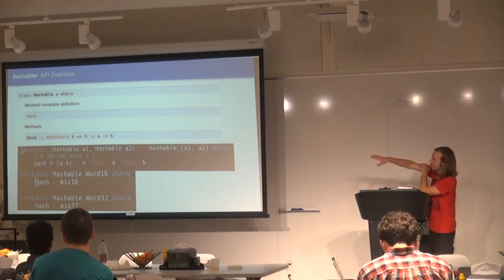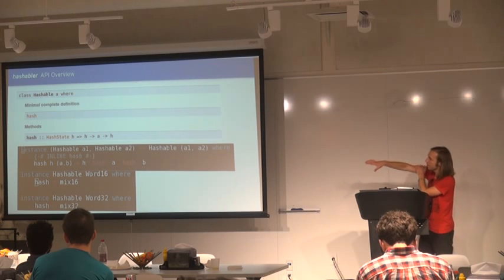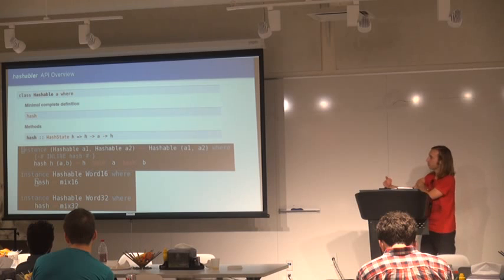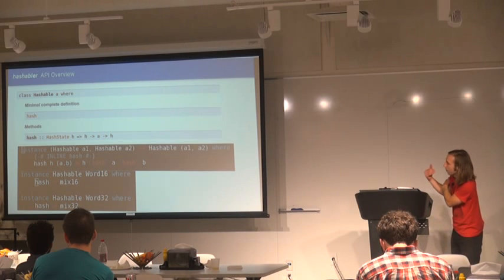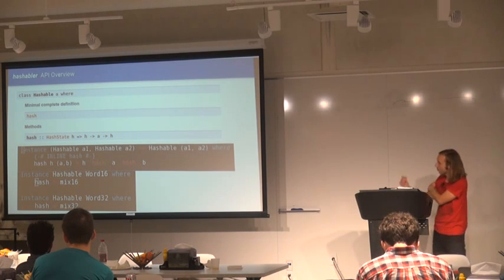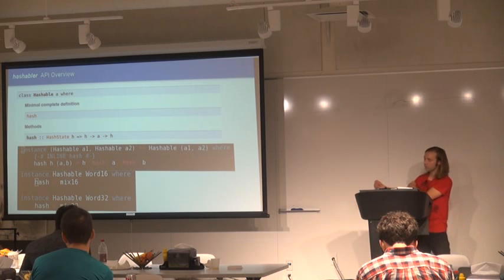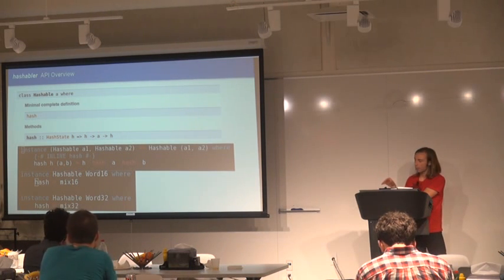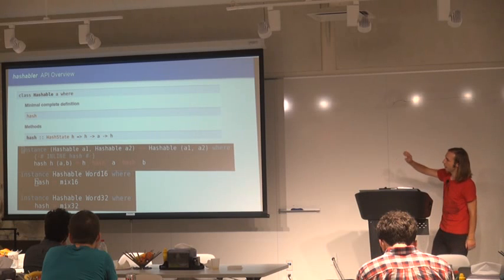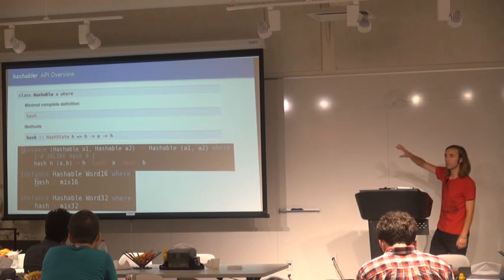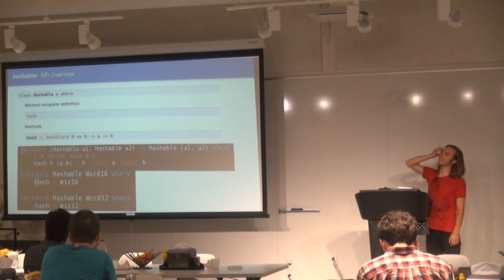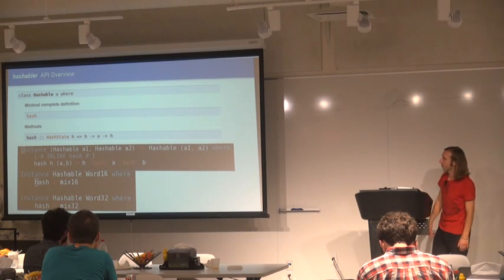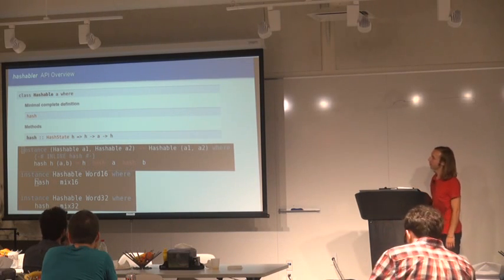The operations we can use inside of one of these instances are hash itself, and this set of mix operations, which I'll show you, which belong to the hash state class. So those are the two things we can do inside there. And it's the responsibility of the hashable instance. Yes, sorry, yes, same name. This is my own class in the hashabler library.